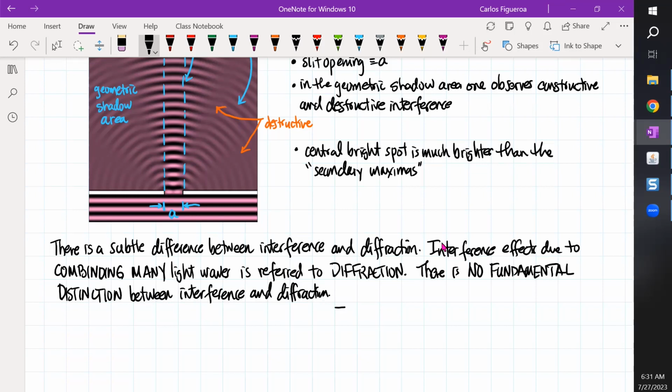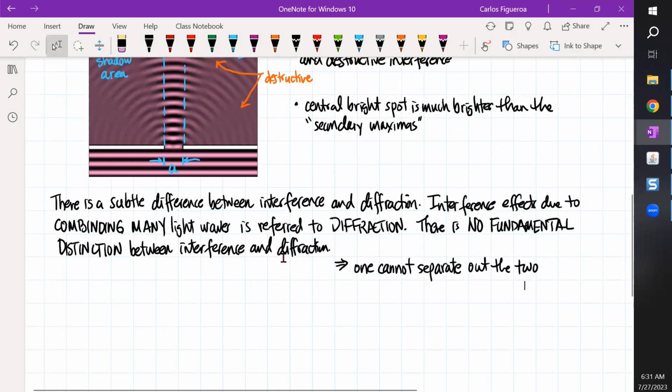In other words, one cannot separate out the two. You can't separate them.